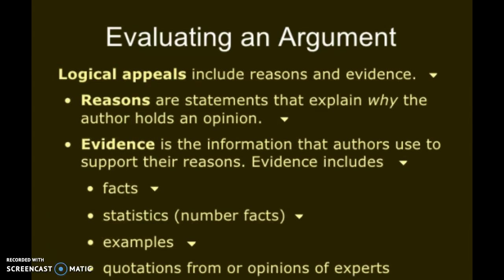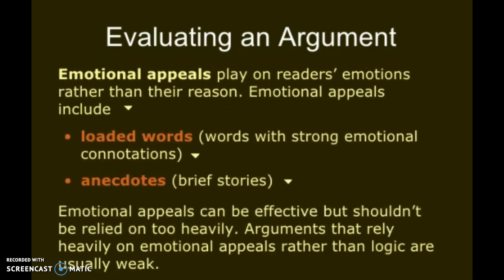Logical appeals, which is logical support, that includes giving rational reasons and evidence. That's facts that are provable with statistics and numbers, or personal life experience examples, quotations that are from experts, and that sort of thing.